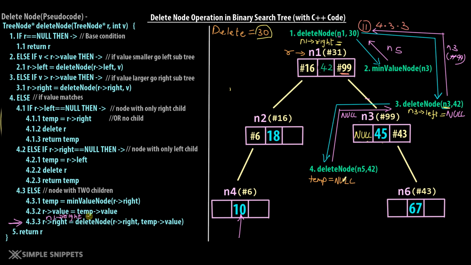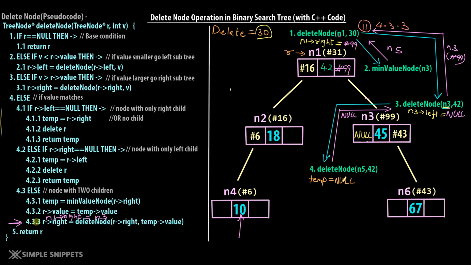So n1's right is going to be equal to n3 only. If you observe the node n1, the right is hash 99 only. So hash 99 will be overwritten over here, and this link will be maintained. So we don't have to mess with this linking, right? So that is why n3's address is returned as it is, and n1's right will now have hash 99 only.